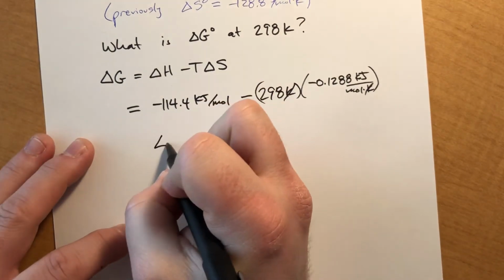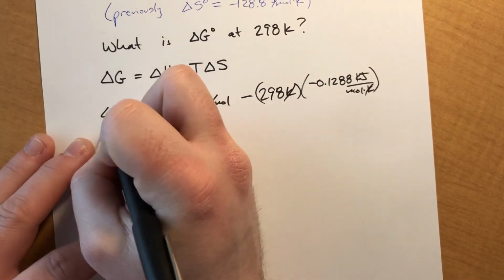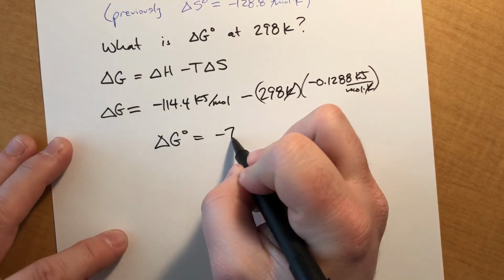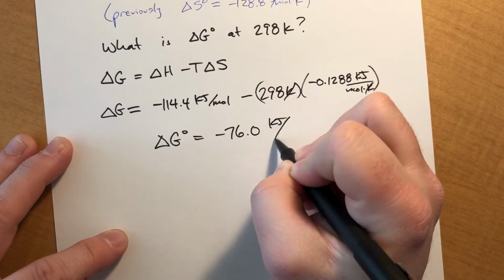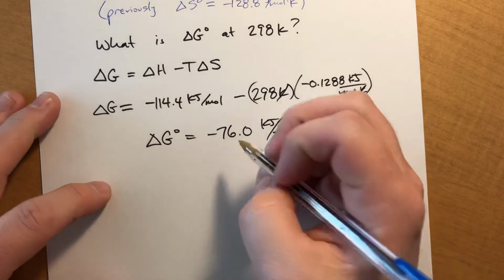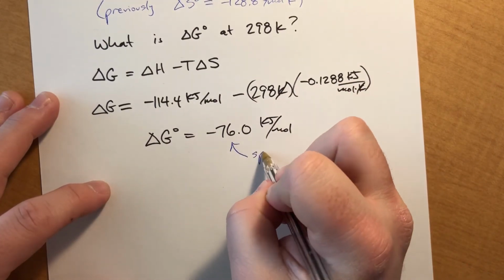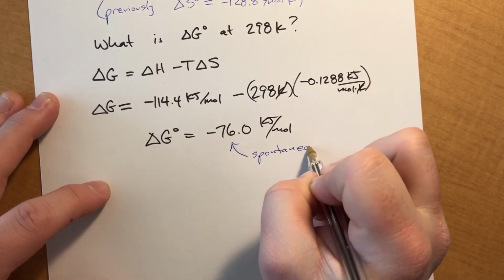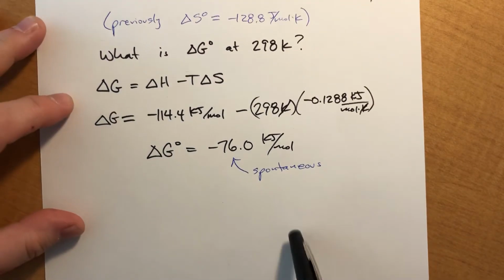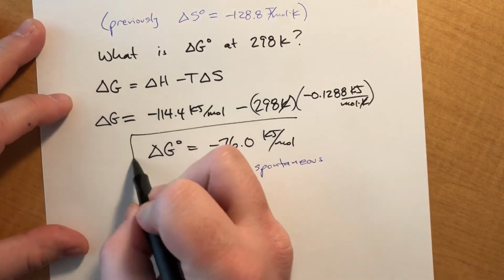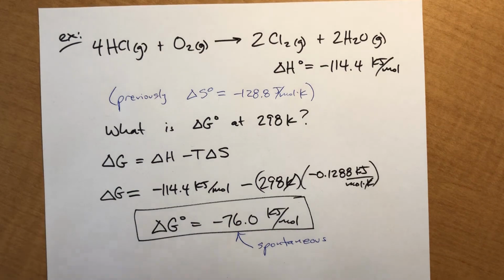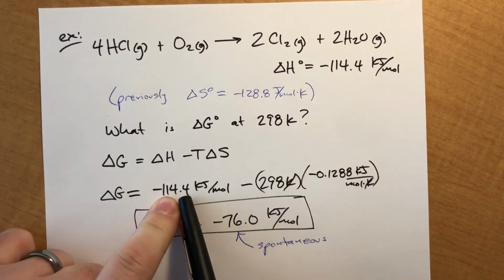So delta G, at standard conditions, comes out to negative 76.0 kilojoules per mole, which tells us that this reaction should be spontaneous at these conditions. Okay. Right, so we got our answer.